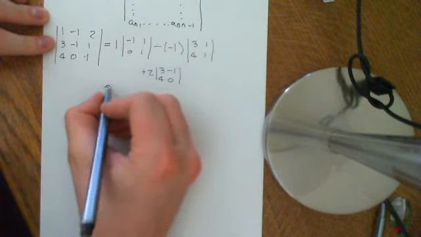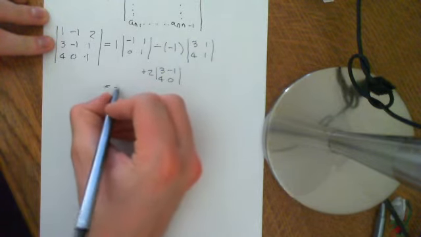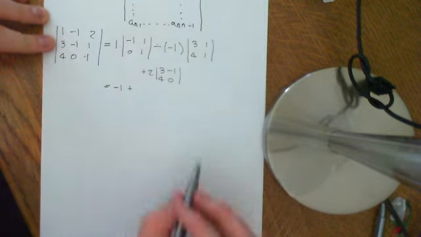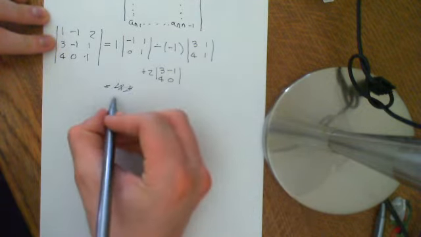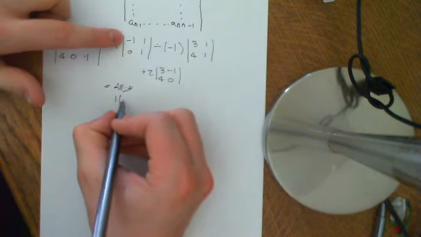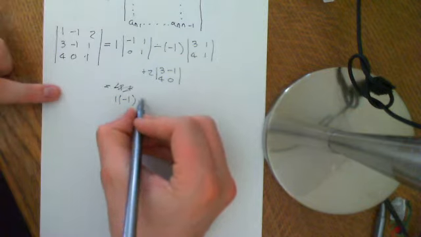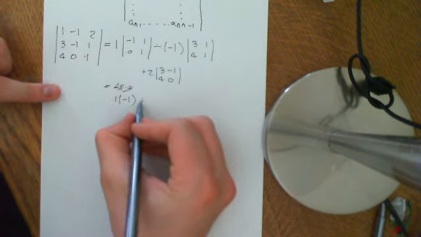Okay, so I've skipped a step, I won't skip a step. You get 1 times the determinant of this, which is minus 1 times 1 minus 1 times 0. Then you get plus 1 here.